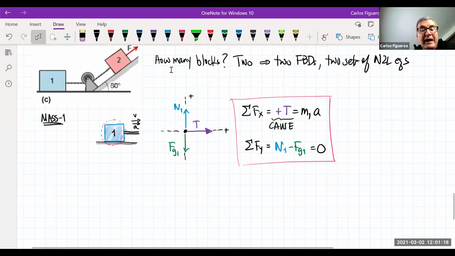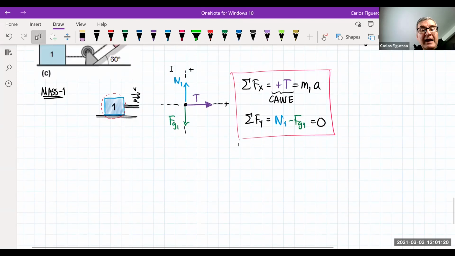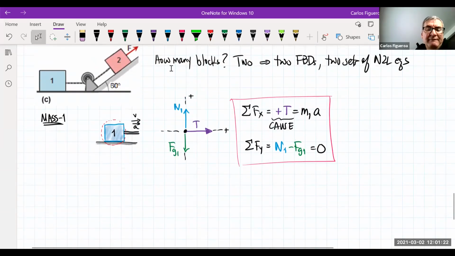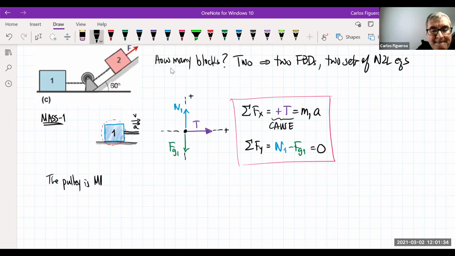Now let's look at the other block here. One of the things I should be very careful about is that the pulley is massless. So what does that mean if I have a pulley like this?